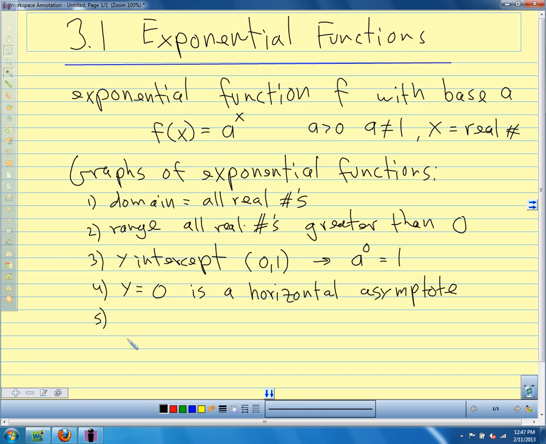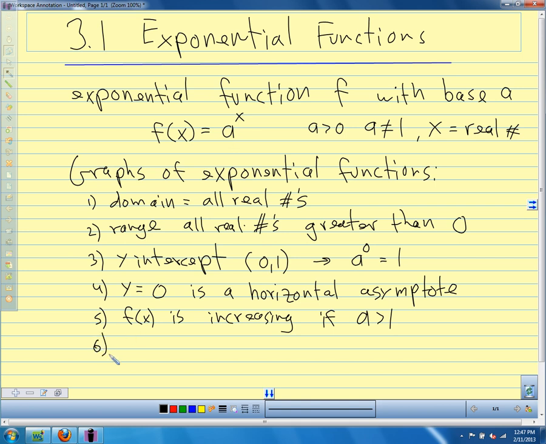Our function is increasing if a is greater than 1. So our function just gets bigger and bigger if our base is greater than 1. It never goes back down. It always goes up and up.